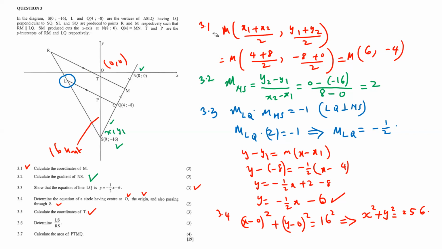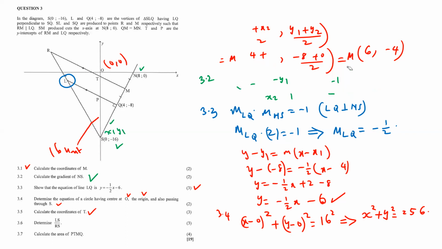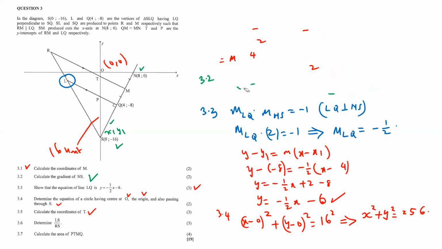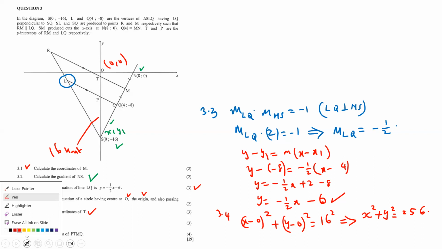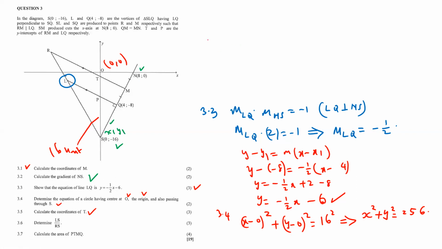We have solved this, and now let's clean up our whiteboard so that we can continue, solving more questions here. Now we are going to do something else. In continuing, we are looking at the next one, 3.5.